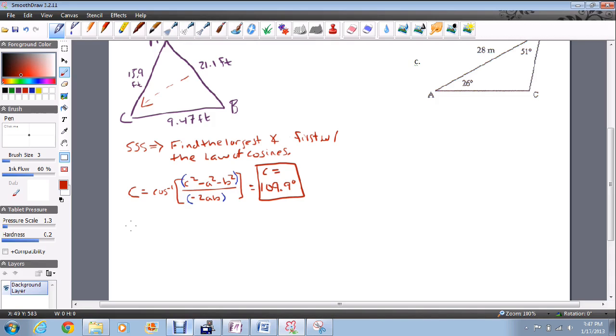I just chose to do it this way. 21.1 divided by the sine of 109.9. Again, just a reminder, make sure your calculator is in degree mode. 15.9 divided by the sine of B.